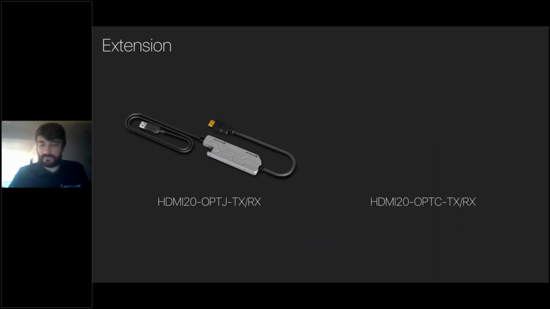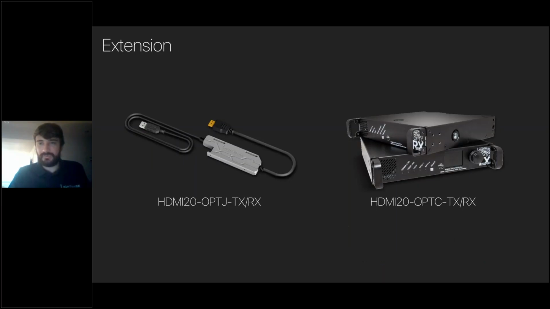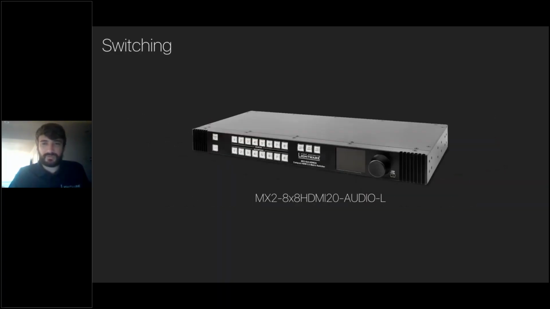Just to look at some of the Lightware products that can handle these data rates. So currently we're using fiber optic extenders for HDMI 2.0. We have the OPTJ, which is kind of the plug-and-play version, and then the other is the rental OPTC, which has some nice features for the rental market. We also have switches, so this is our 8x8.